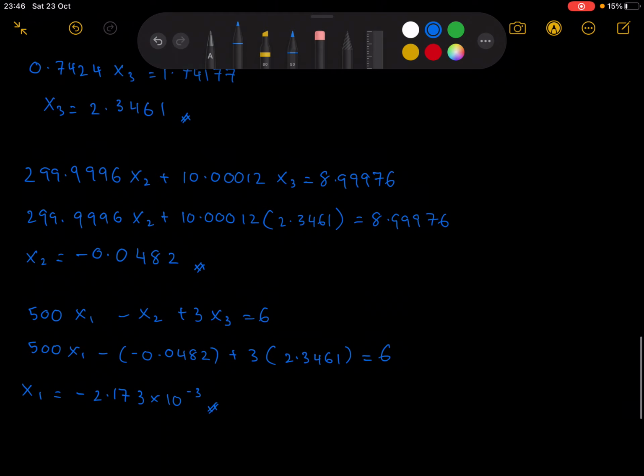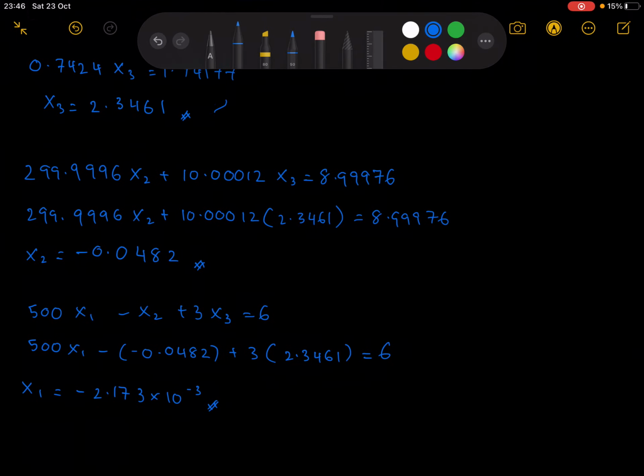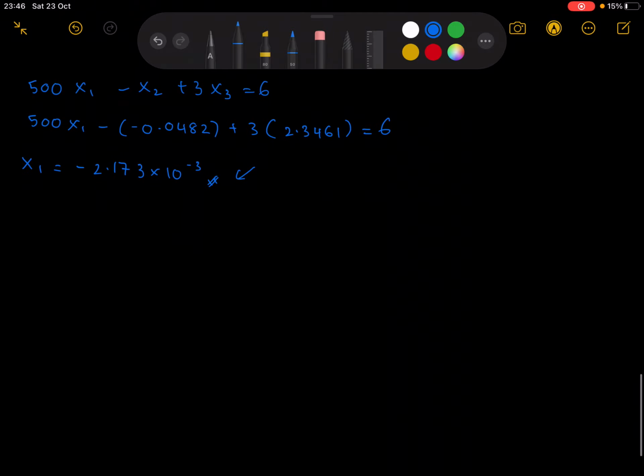So from the backward substitution, we have already obtained the values of x3, x2 and x1. So that's all for today.